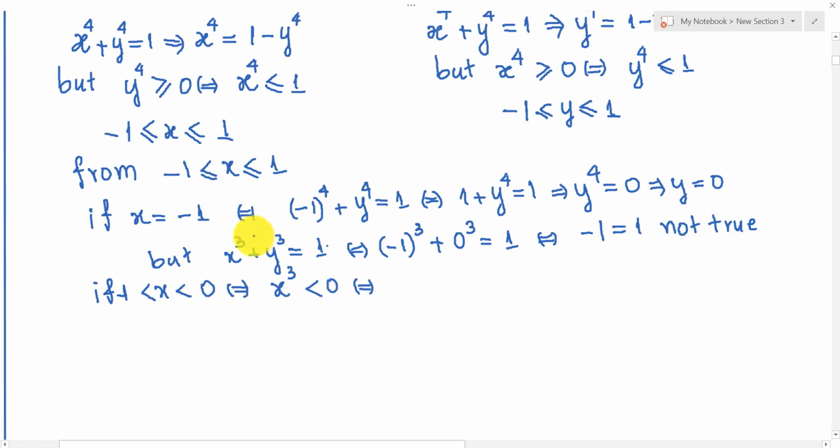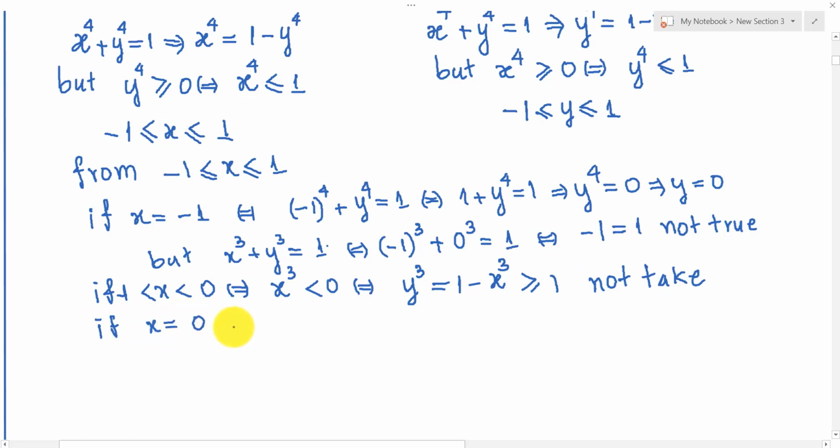From this we get y^3 equals 1 - x^3, which is bigger than 1. But we have y^4 is smaller than 1. So it's not taken.